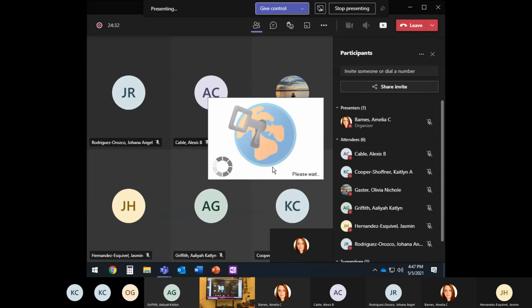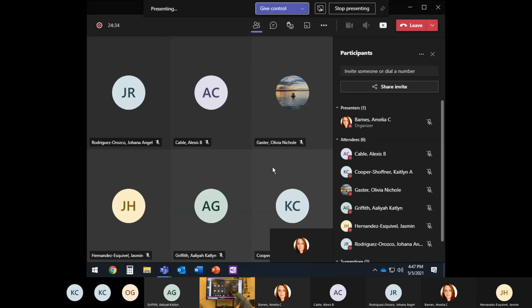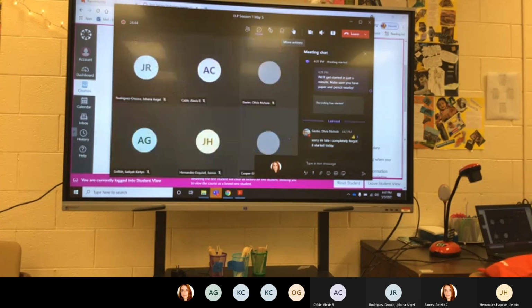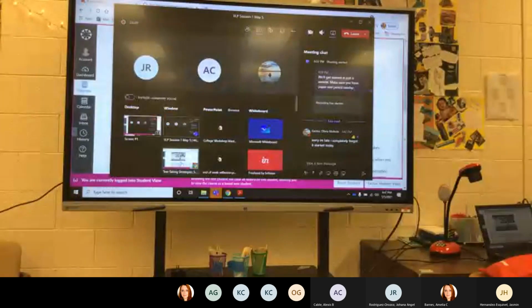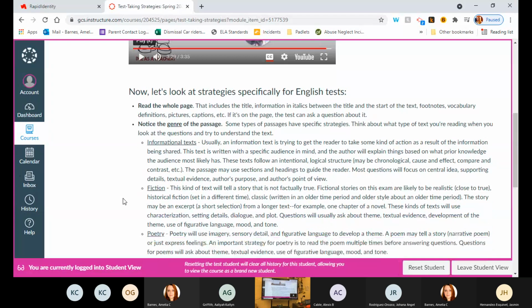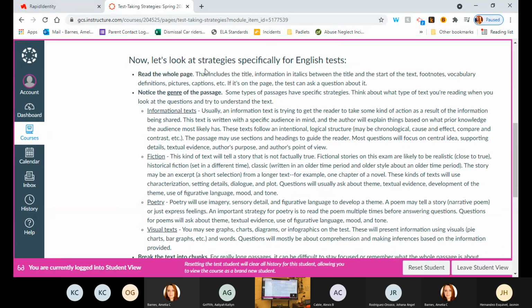And we're going to switch over to talking about specific strategies for English tests. So along the lines of reading the instructions, the next important tip is to read the whole page.